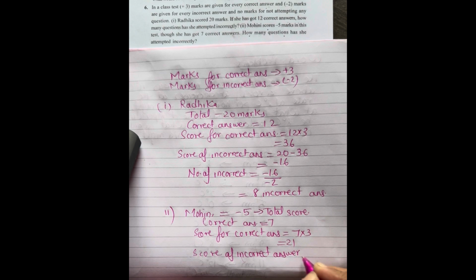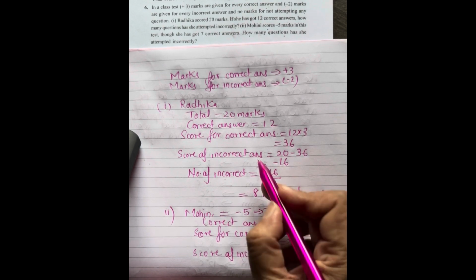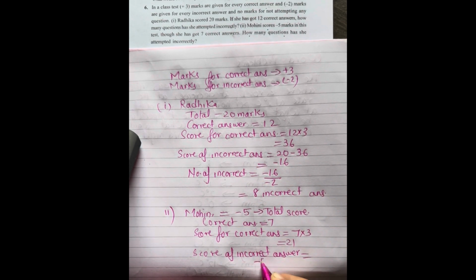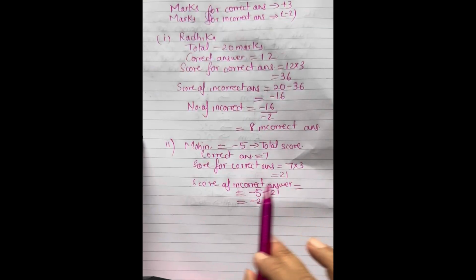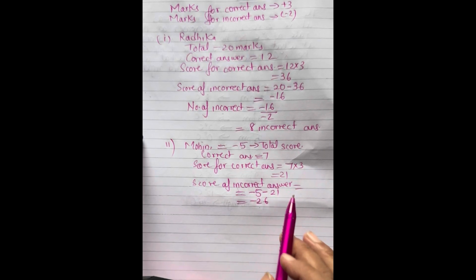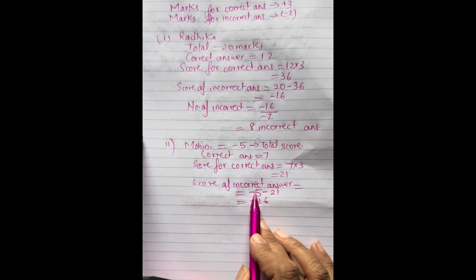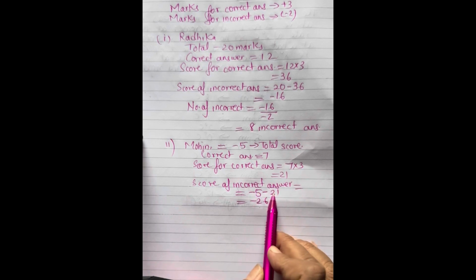We subtract from the total. What is the total score? It was minus 5. Minus 5 minus 21, right? So minus 5 minus 21 gives you minus 26. This is the score from the incorrect answers.